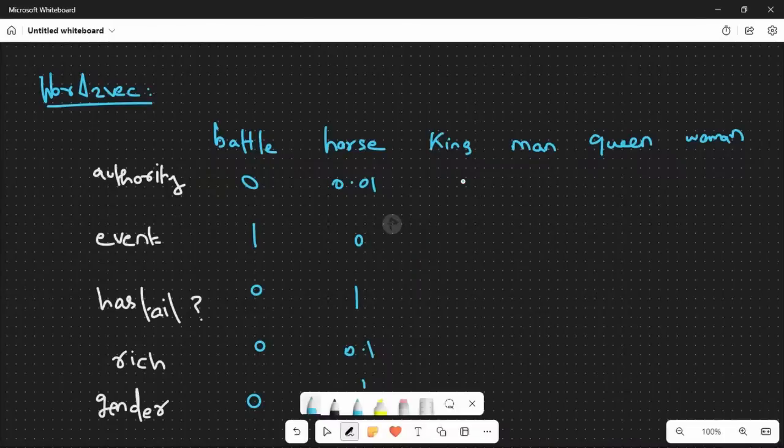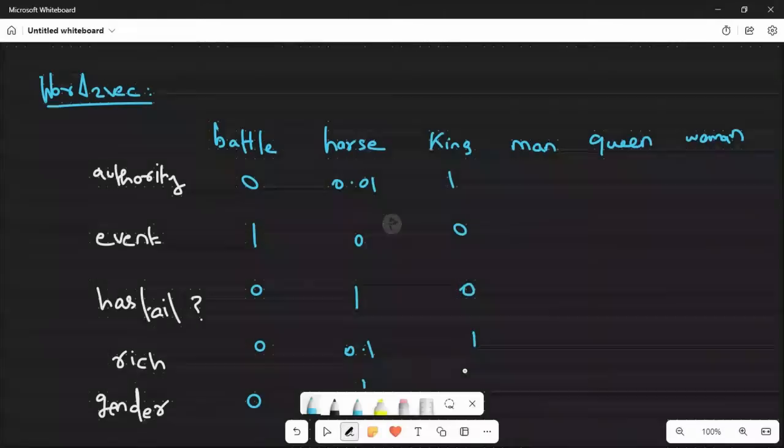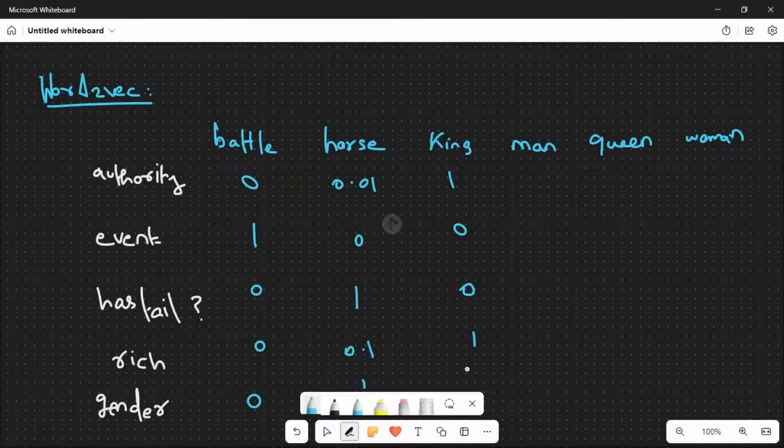Then we go with the word king. Looking at king, authority, yes, 1. Event, 0. Has tail, 0. Rich, maybe, so we can give 1 here. Gender, king is usually denoted as male, and for female we tell them as queen, so we give it as -1. So -1 represents male.